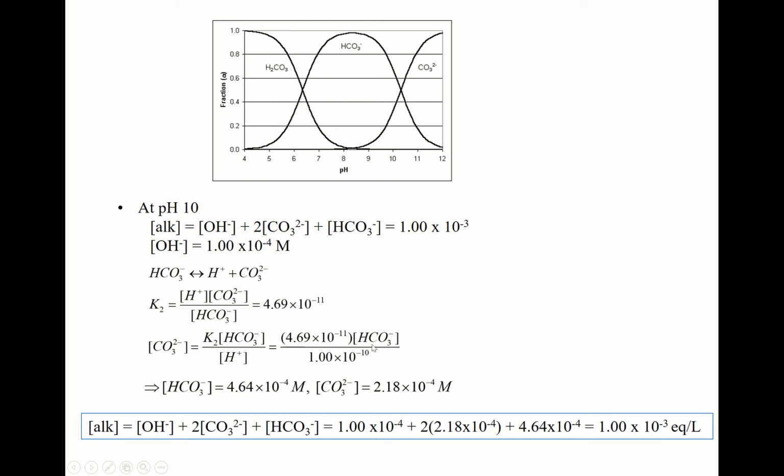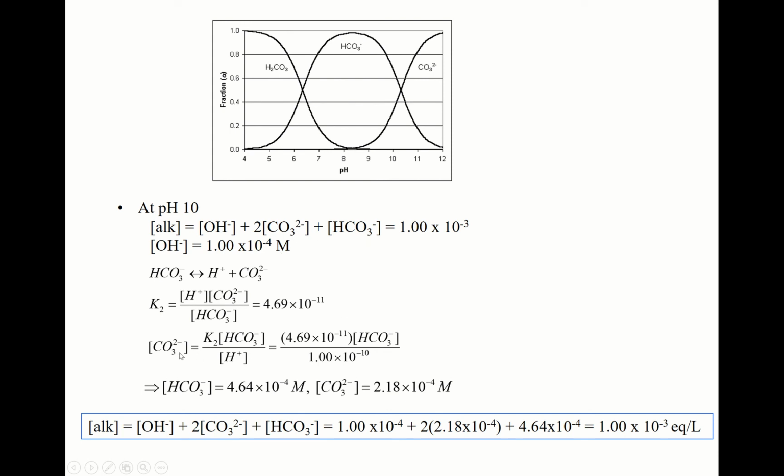And what is the bicarbonate concentration? Here we could calculate. Alkalinity is already given right here, which minus the hydroxide concentration is here, and we have two unknowns, carbonate and bicarbonate.